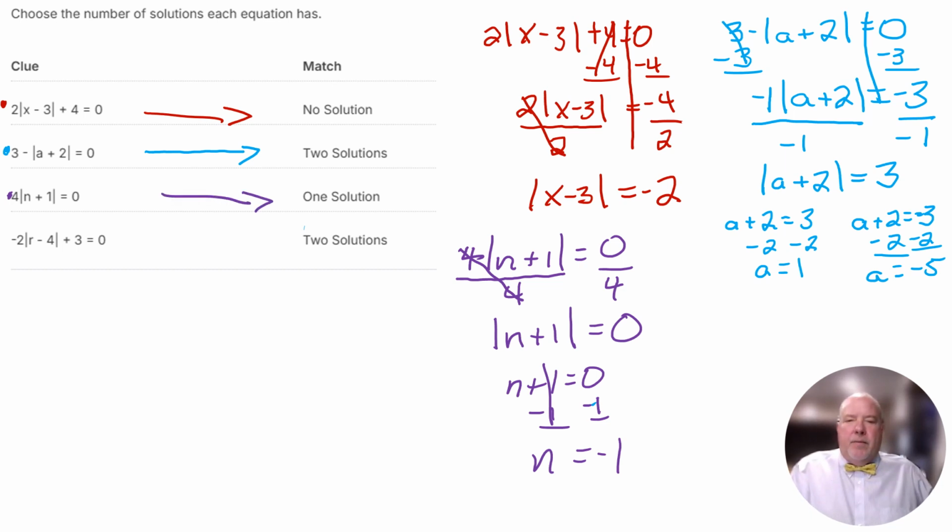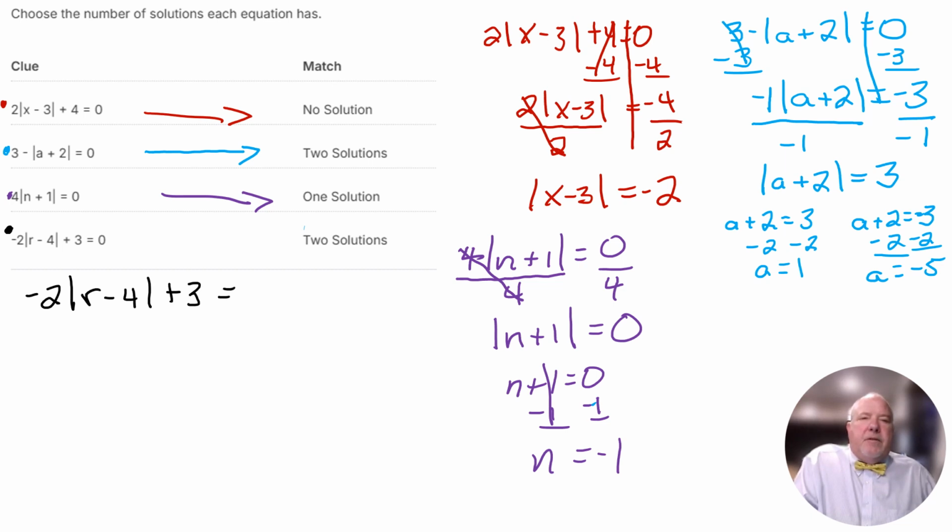All right, we've got one more. I'll do this one in black. I have negative 2 times the absolute value of r minus 4 plus 3 equals 0. This one's kind of similar to the first one we did in red up there. I'm going to subtract 3 from both sides, again isolating the absolute value. So now I have negative 2 times the absolute value of r minus 4 equals negative 3.